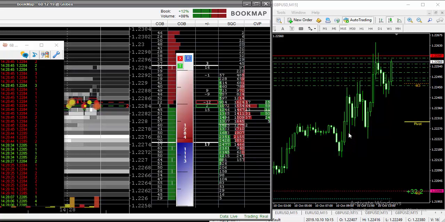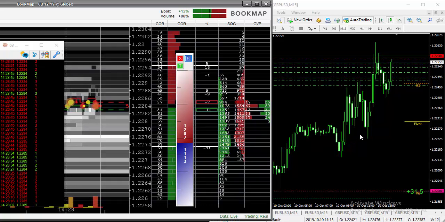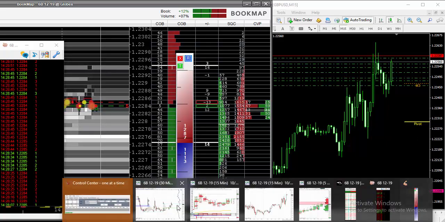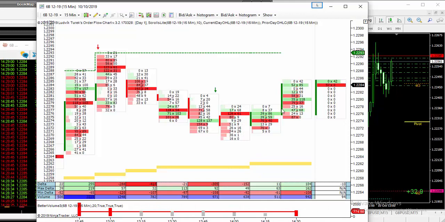So this is happening because we are almost at the highs of the day. So you probably are going to expect such a behavior in price. It won't move in the way that you expect, but as you see, it's aggressive, but it's not very aggressive.